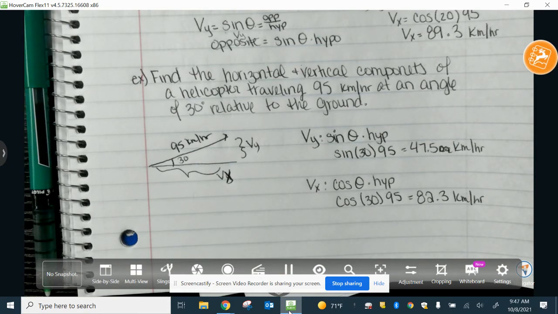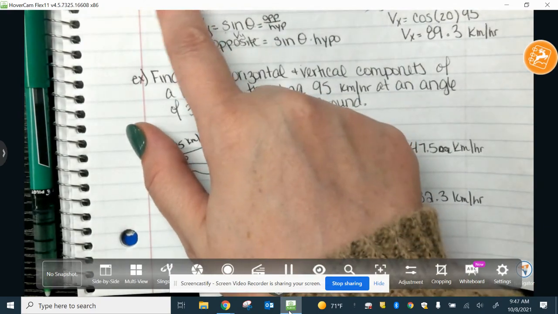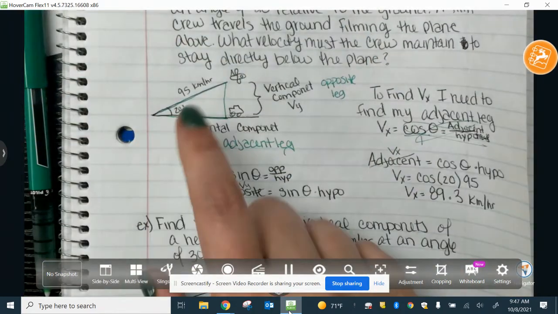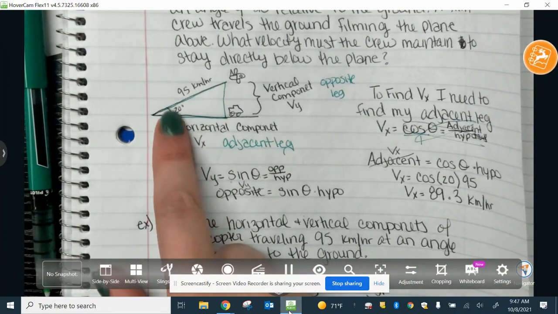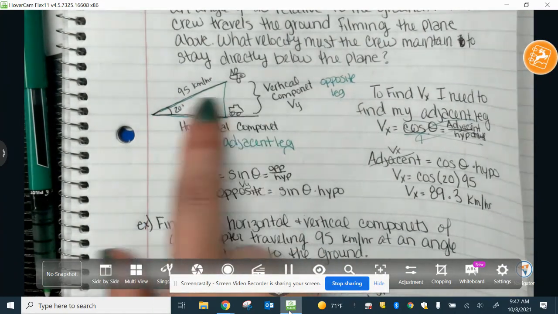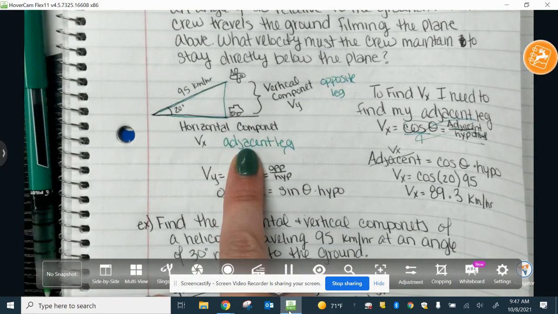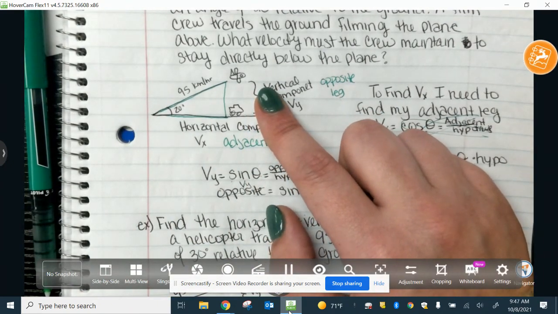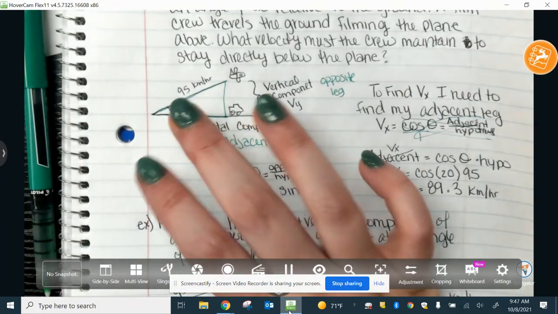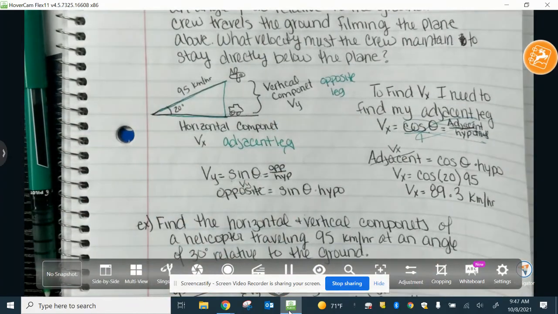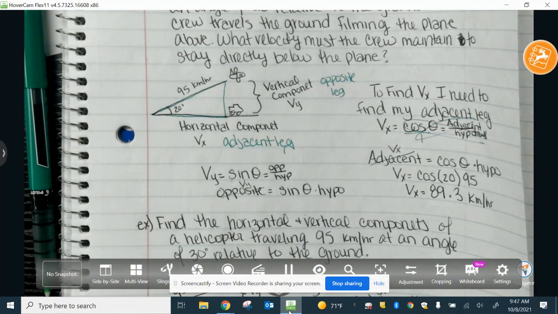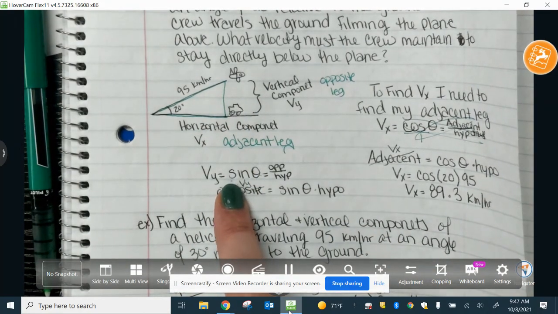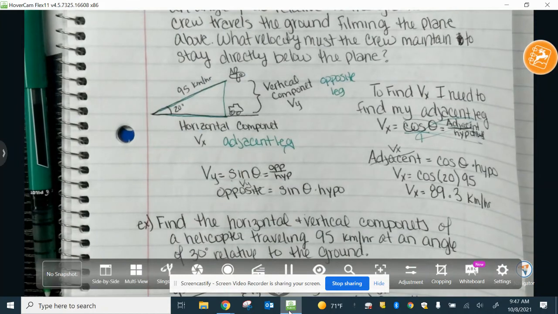Once you have theta labeled, your adjacent is next to it and your opposite is across. So the hard part about vectors is actually doing your sketch correctly so that theta is labeled correctly. Once you do that, if you want to find opposite, you're going to use sine. You want to find next to, you're going to use cosine.